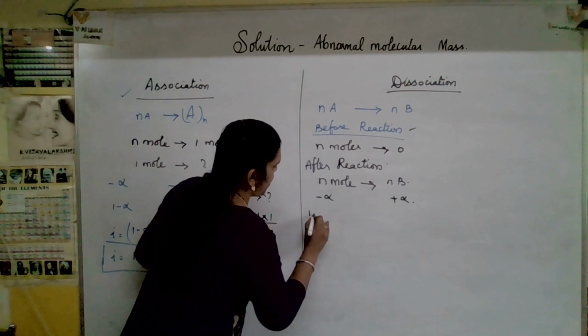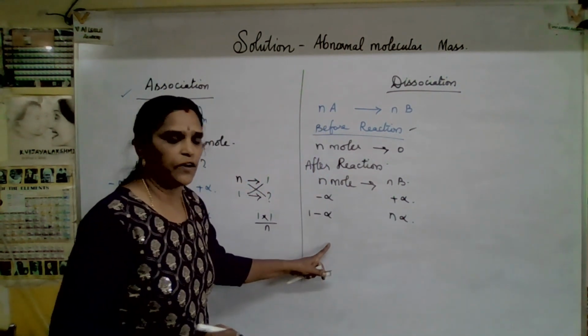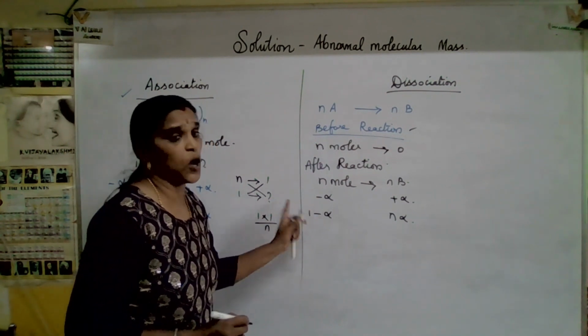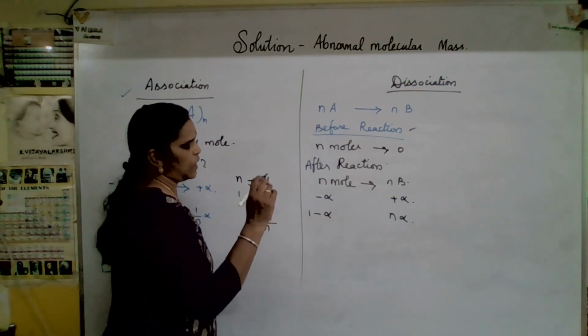So that means 1 minus alpha, and here n alpha. Am I correct? From 1 mole it is reducing by alpha, so naturally 1 minus alpha, and here n moles of alpha.